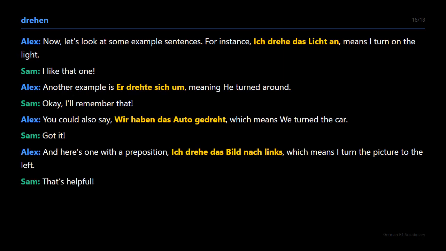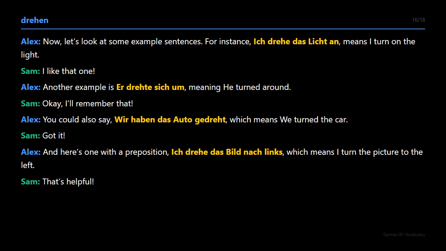Now, let's look at some example sentences. For instance, ich drehe das Licht an, means I turn on the light. I like that one. Another example is er drehte sich um, meaning he turned around.